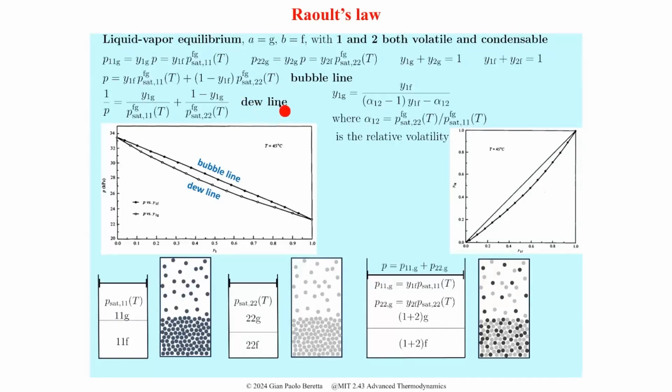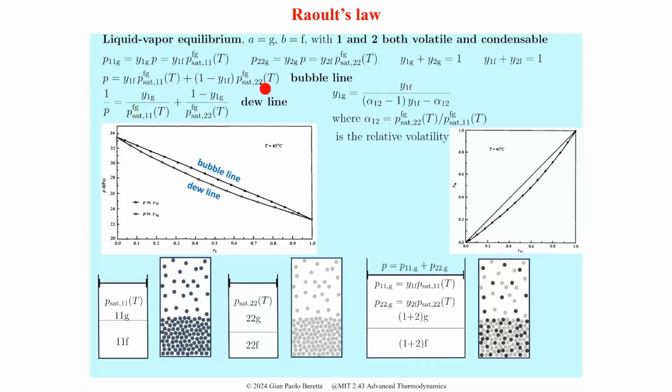This is the dew line. It allows you to solve for the mole fraction of component 1 in the vapor, so the composition of the vapor in the two-phase state.